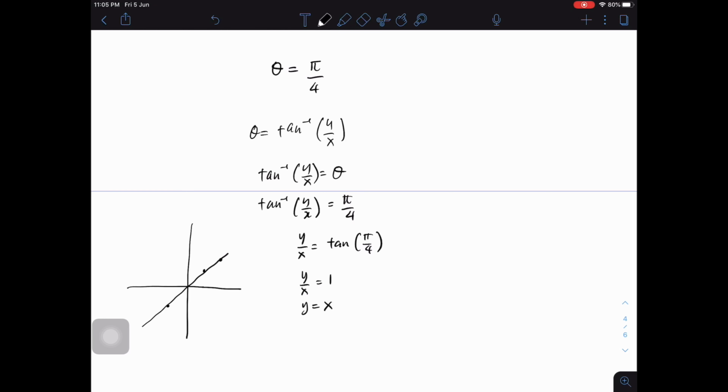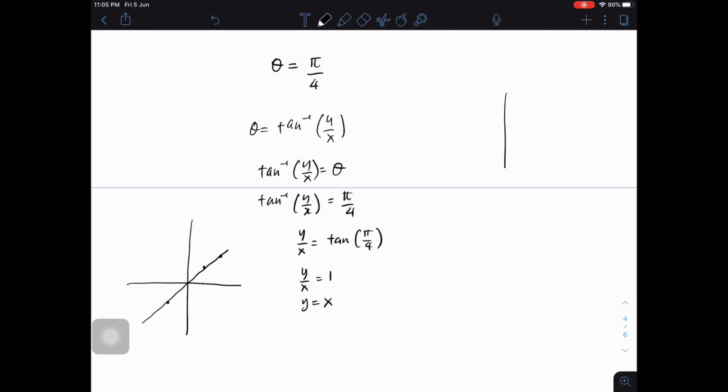But then, where is our straight line? You need to know that our theta is a directed angle from the polar axis to the line, and must have a value of pi over 4, where pi over 4 is equal to 45 degrees. Therefore, if we have a polar axis, where this one is the polar axis, from the polar axis our theta must be 45 degrees.